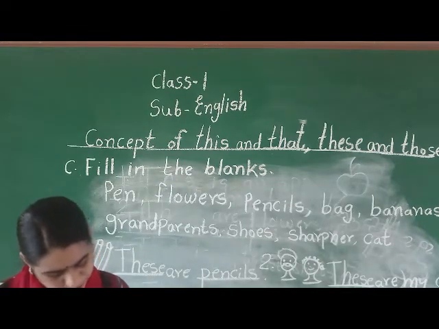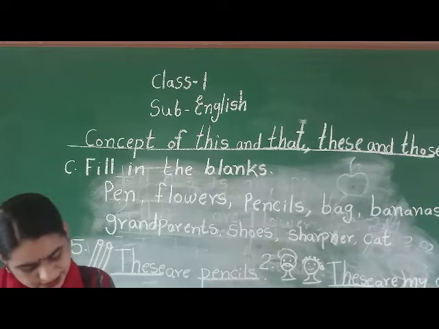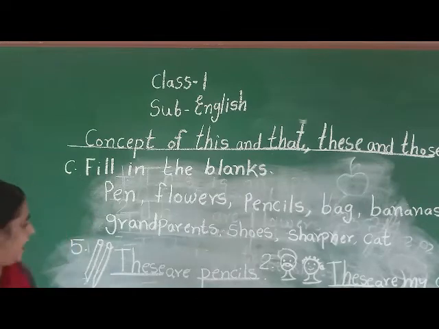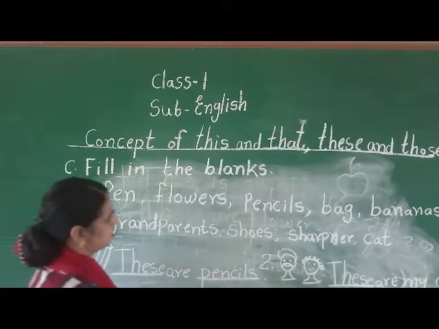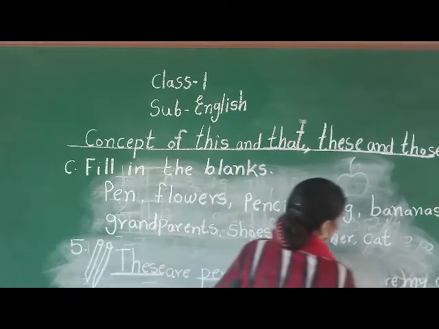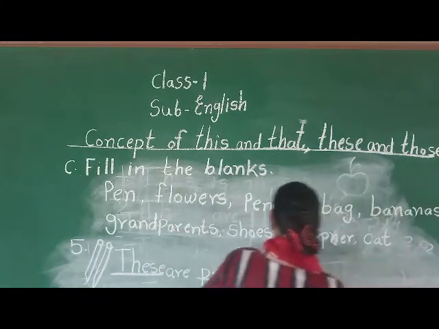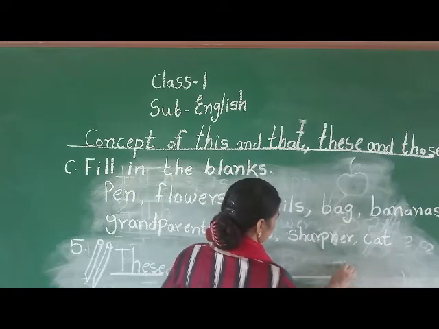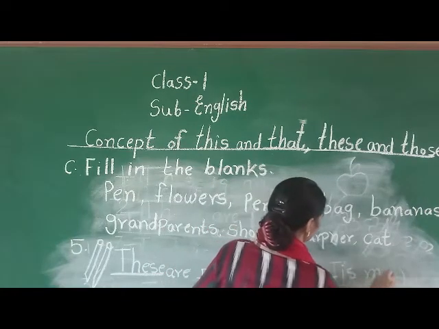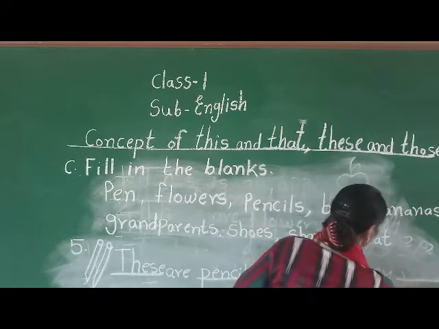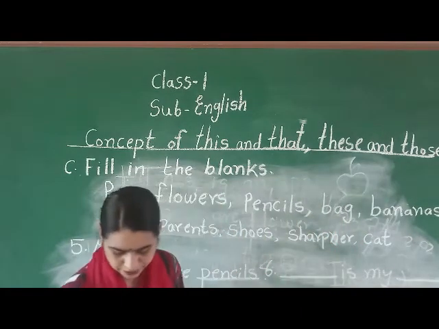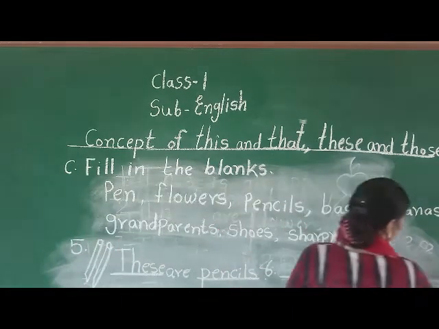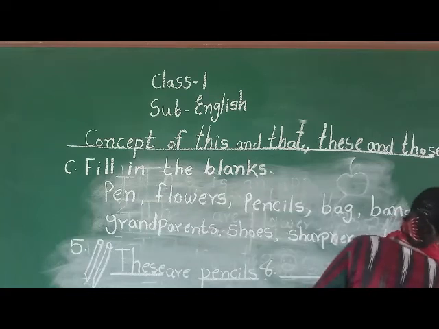Okay. Now after that on number 6, dash is my dash. Number 6. Dash is my dash. Full stop. And after that one picture is there. Here one picture is there.